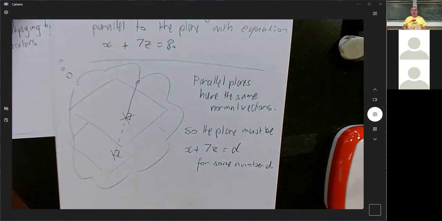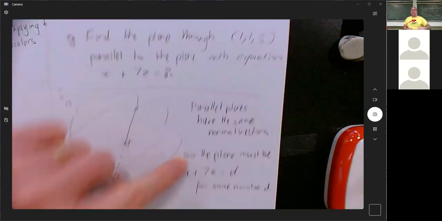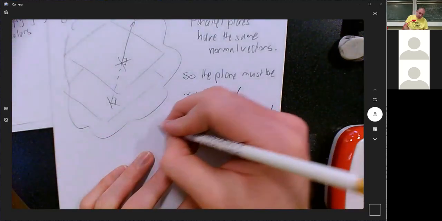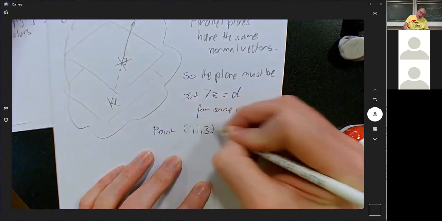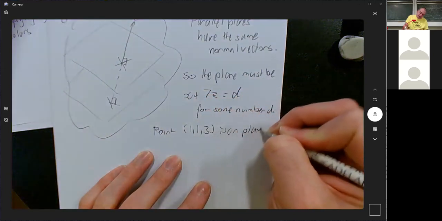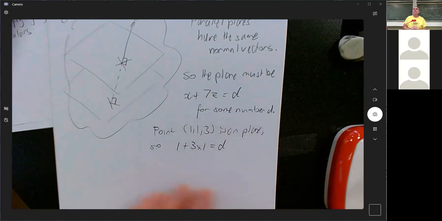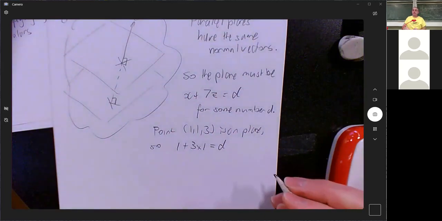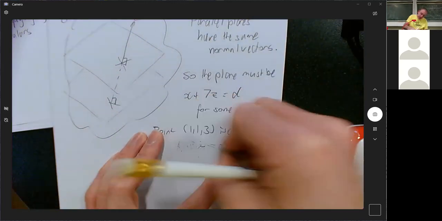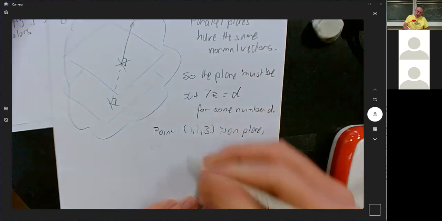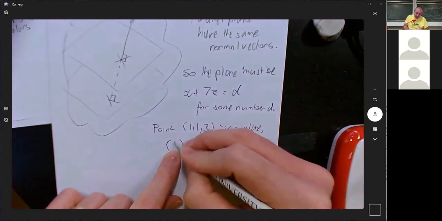The other thing I know about planes is if the point 1, 1, 3 is going to be on this plane, then when I sub it in, it should work. So x plus 7 times z equals d, and x is 1 and z is 3.